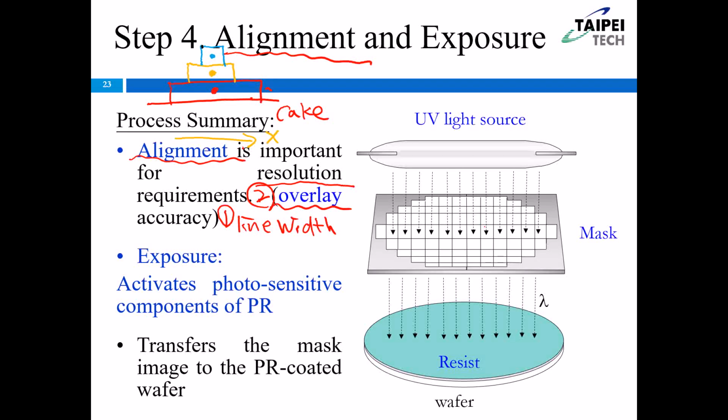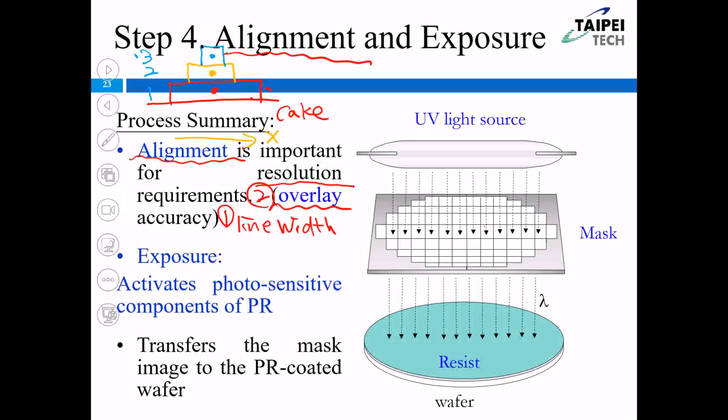So for the cake, I want the three layers of the cake to have the central point at the same X value, right? So it means they have a very accurate overlay. They can overlay very well, okay? Because they can align together, the first layer, the second layer, and the third layer.